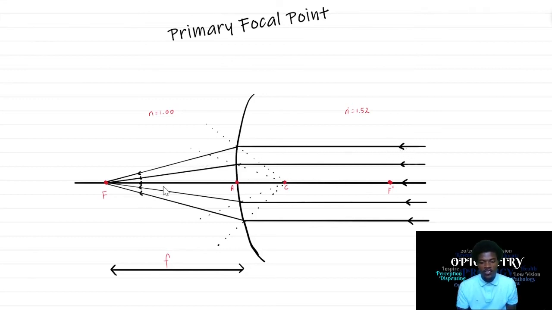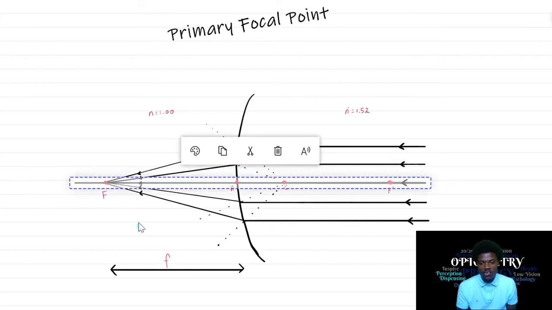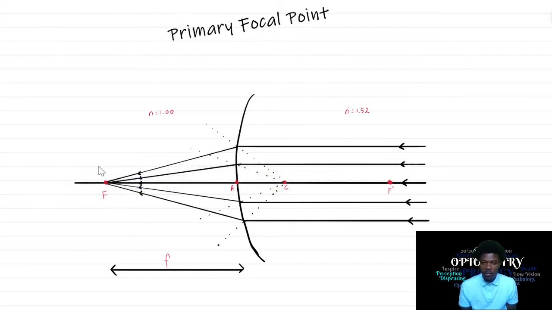So we go in this direction, right to left, and as they refract, they go away from the normal, because we are going from a denser material to a less dense one. So each light ray goes away from the normal, and the point at which all of them converge, we call the primary focal point. And the distance from the primary focal point to the apex of the refractive surface is called the primary focal length.